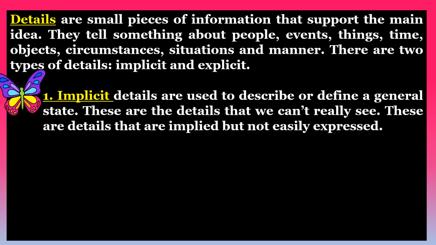Implicit details are used to describe or define a general state. These are the details that we can't really see. These are the details that are implied but not easily expressed. It is like hidden. It has a hidden meaning.